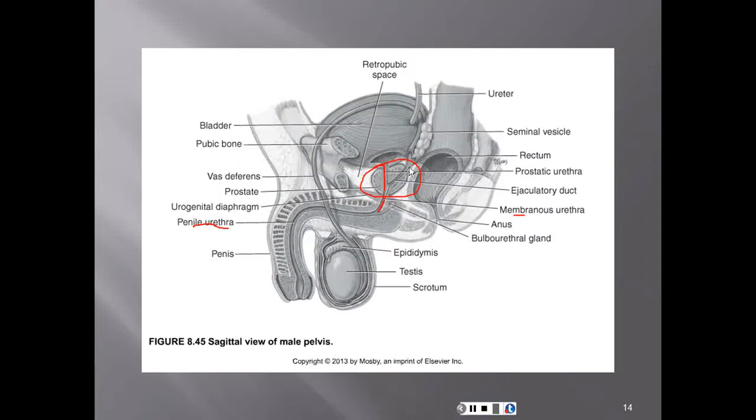A little happy with the buttons there, sorry. The ejaculatory duct leads back into the penile urethra.